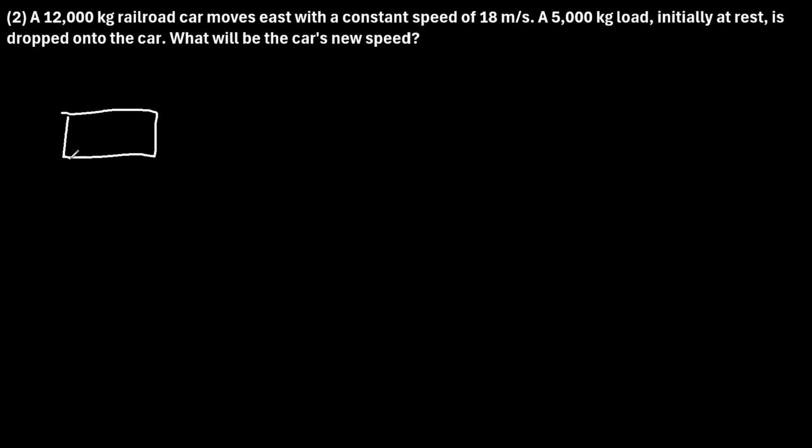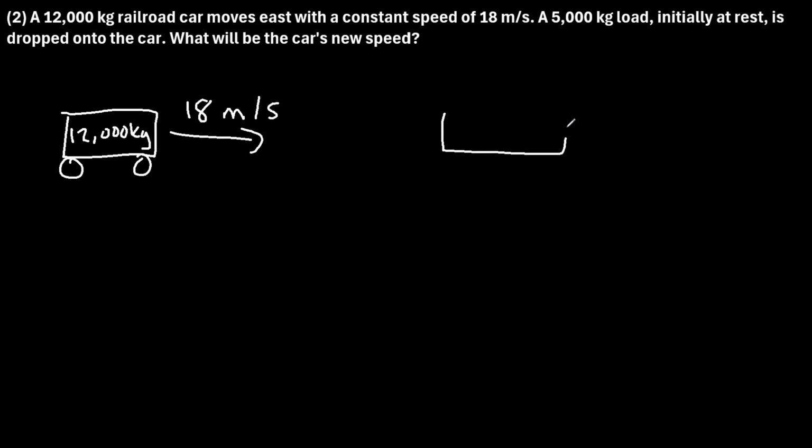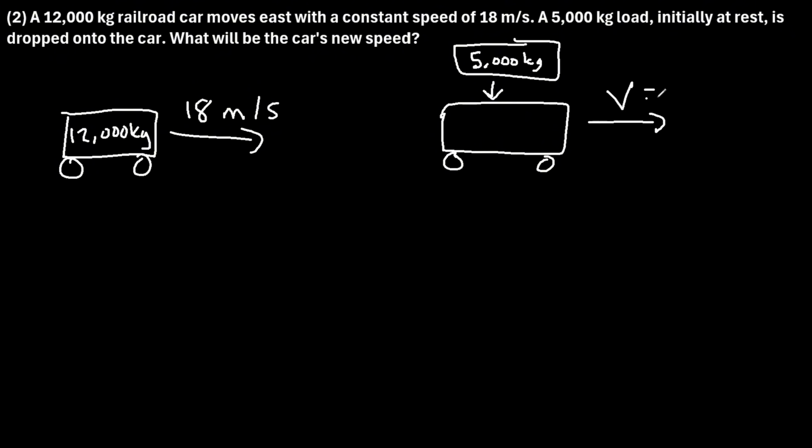We have this railroad car, and initially it's at 12,000 kilograms and moving east at 18 meters per second. And we're saying, okay, let's drop a 5,000 kilogram load directly onto this car. Our question is, what is this new velocity going to be once this load is dropped onto the car?